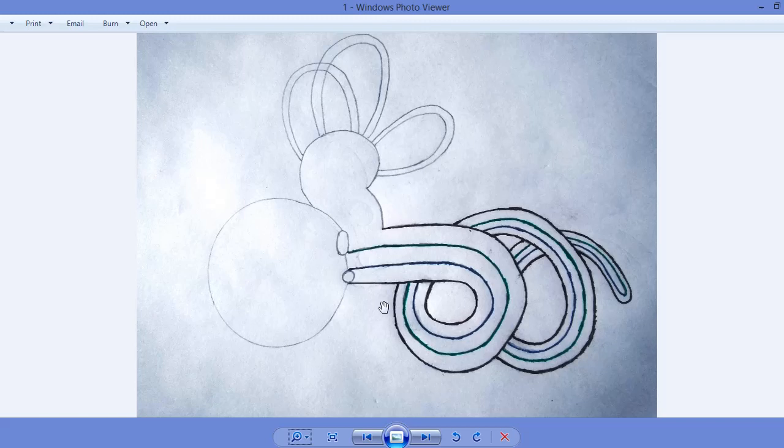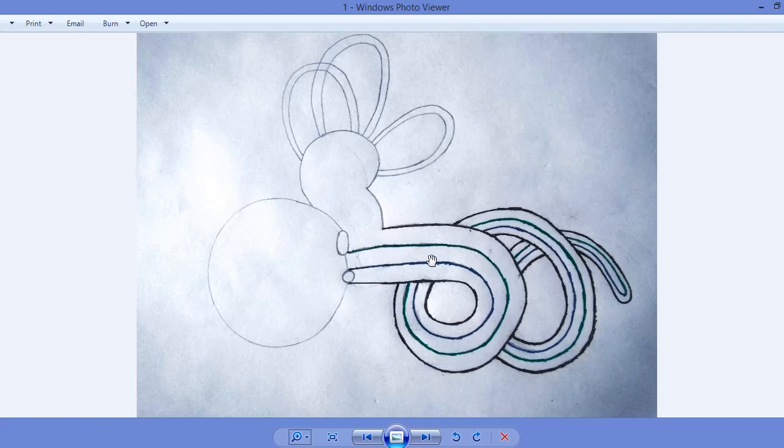Going to the detail, you can see over here that the oval window opens into an area called the cochlea, and the cochlea has three pathways: the superior pathway, the middle pathway, and the inferior pathway. The superior one is called the vestibular duct or scala vestibuli.